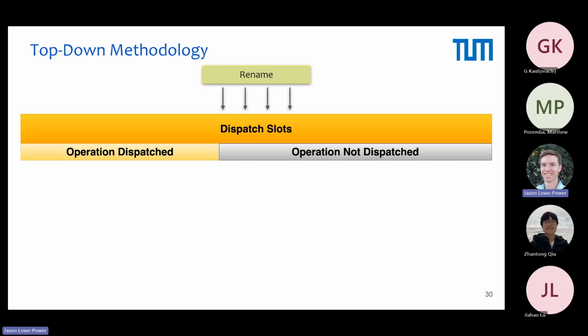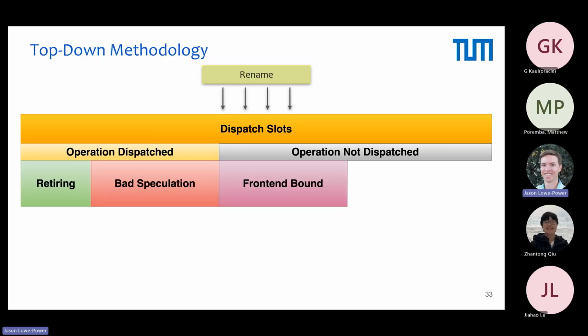If an operation was dispatched in a slot, it can fall in the retiring category, which means the instruction was successfully committed, or it can fall into the bad speculation category, which are the instructions that were scratched due to being on the path of a mispredicted branch.